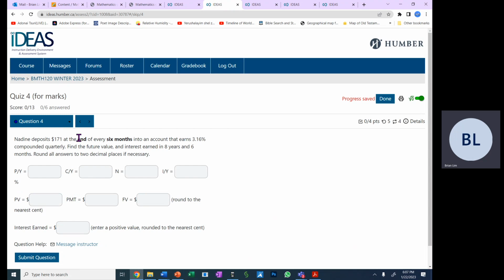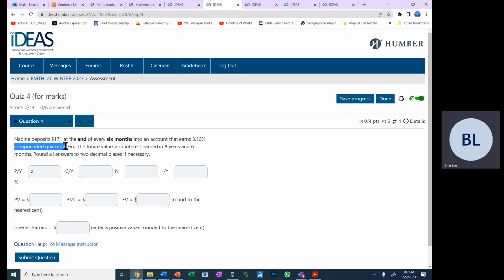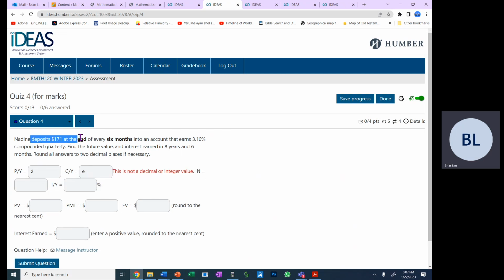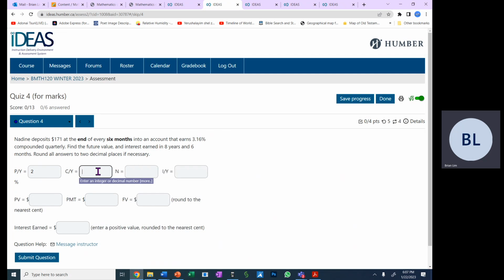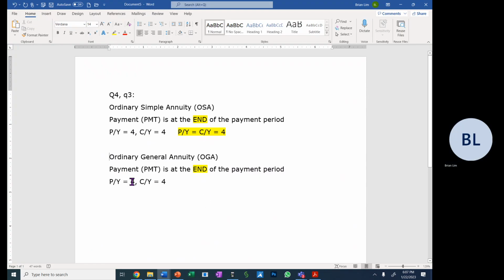So the deposits are at the end of every 6 months. So that means it's twice per year. And it's compounded quarterly. So CY is 4 and the deposits are at the end of every 6 months. So end and the CY is equal to 4. There we are. So PY is 2 and CY is 4.